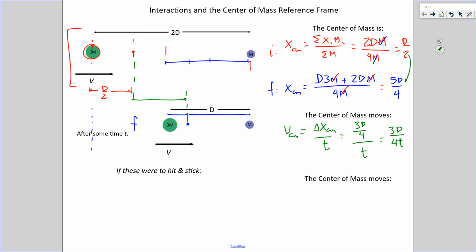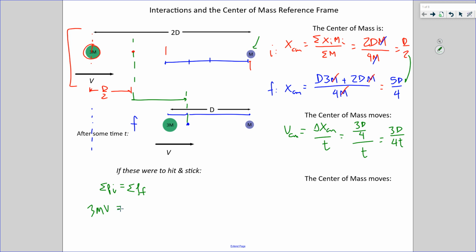Now, if these masses were to hit and stick, here's what we could say. If we apply momentum conservation, well, we say that all the initial momentum and all the final momentum are the same thing. Well, in the beginning, all we have is 3m moving at speed v. This object is not moving, thus no momentum.